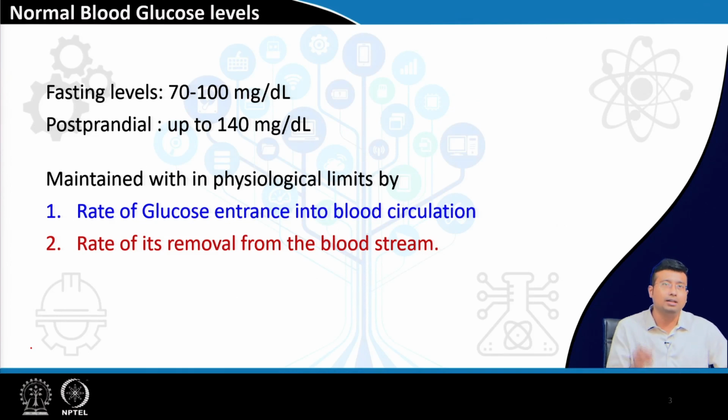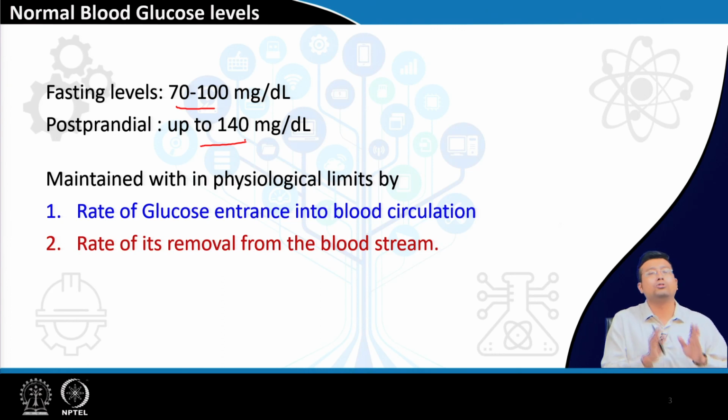So, first things first, for this class you should know that the normal level of blood glucose in fasting is 70 to 100 mg per dl, and for postprandial, that is 2 hours after a meal, the normal blood glucose level is up to 142. It is generally 70 to 140, the unit is milligram per dl.